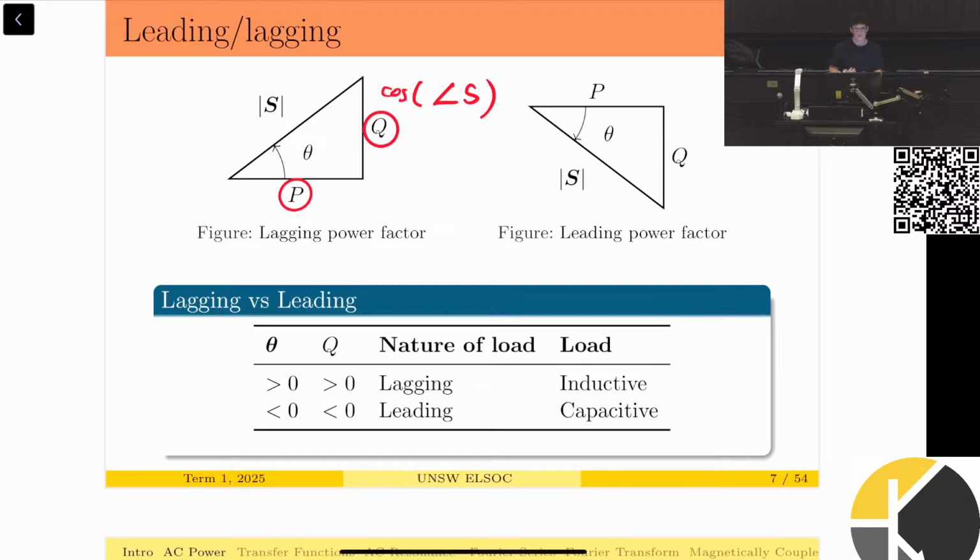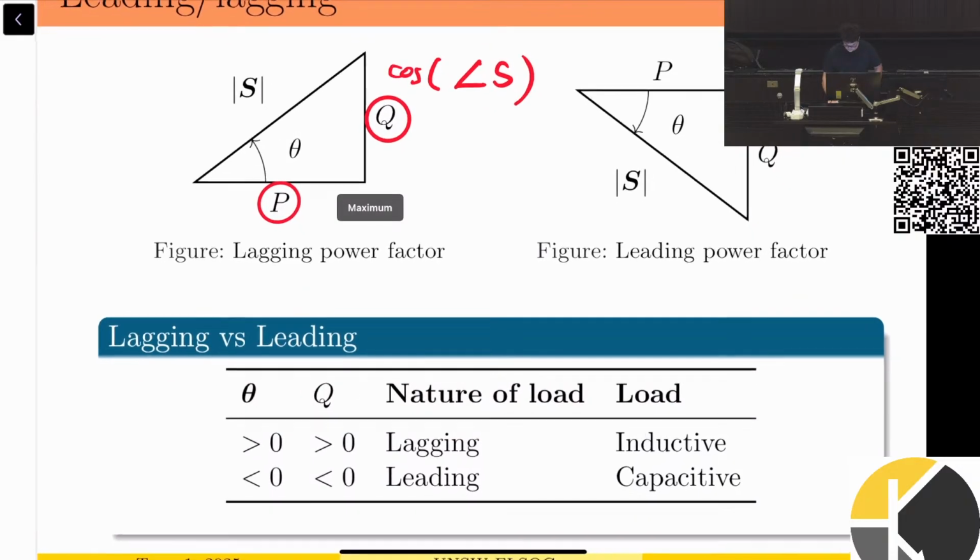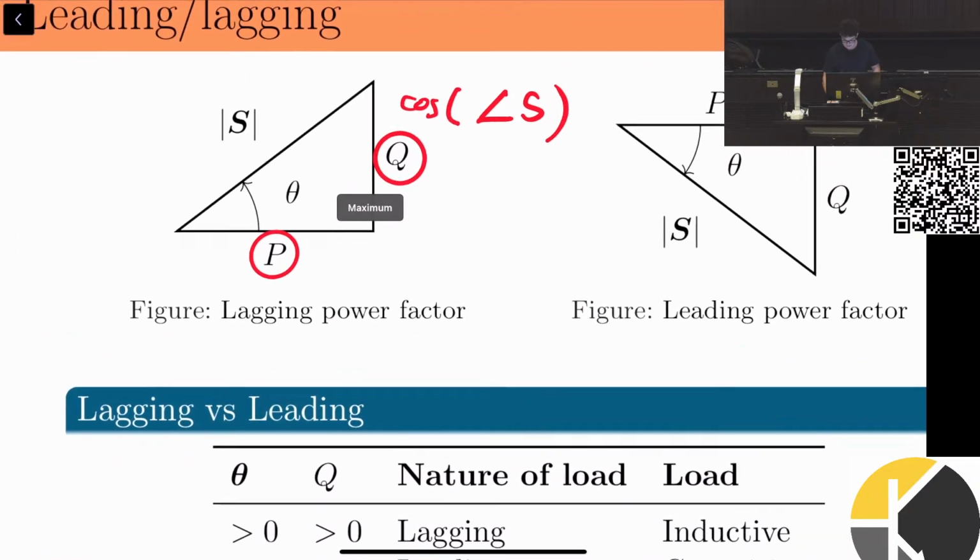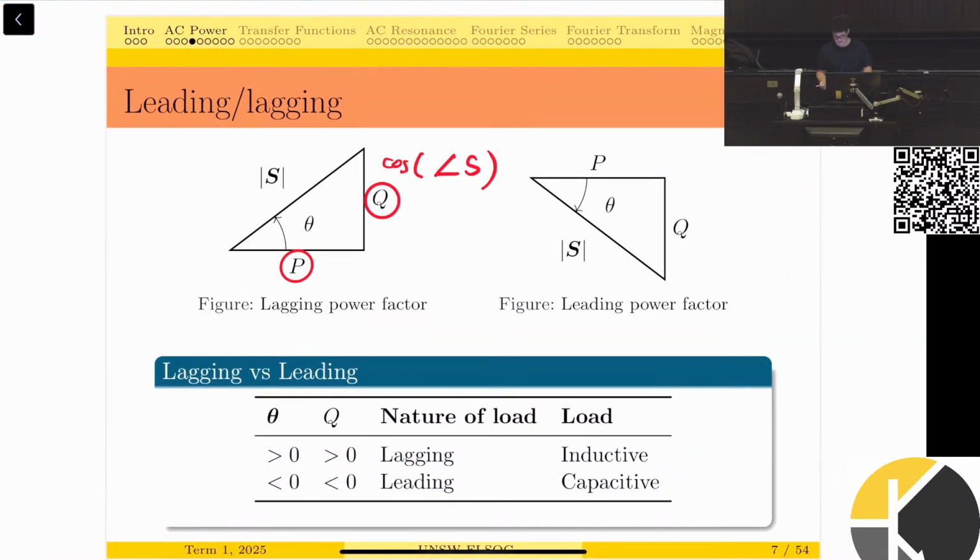Is anybody confused about leading and lagging? So I'll do a quick overview of it. When you have your S, or your phasor diagram, whether you have a theta that's greater than 0, or a theta that's less than 0, Q greater than 0, Q less than 0, you have two different kinds of loads. One is an inductive load, it acts like an inductor.